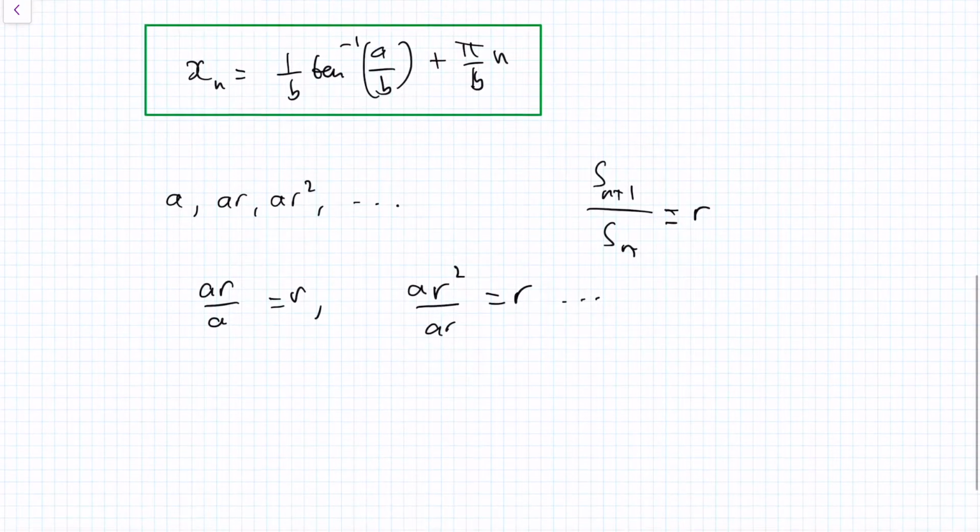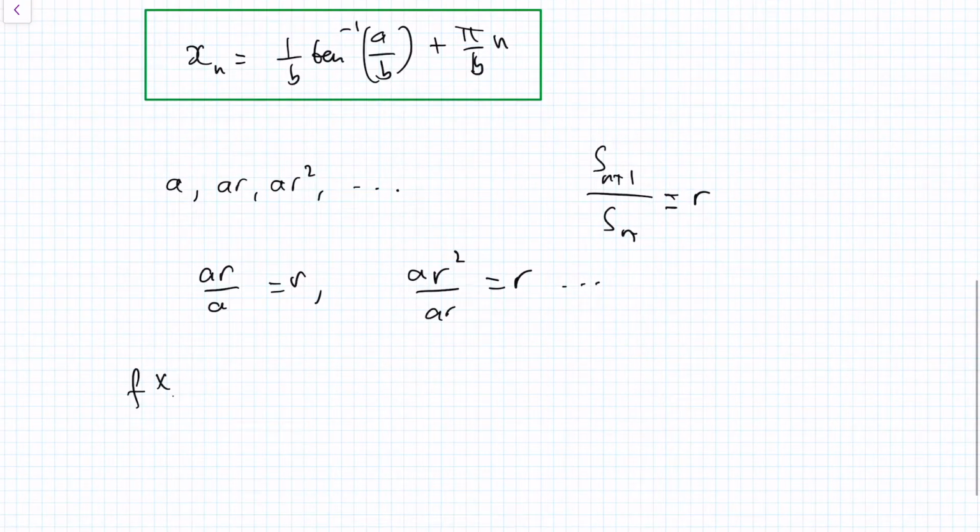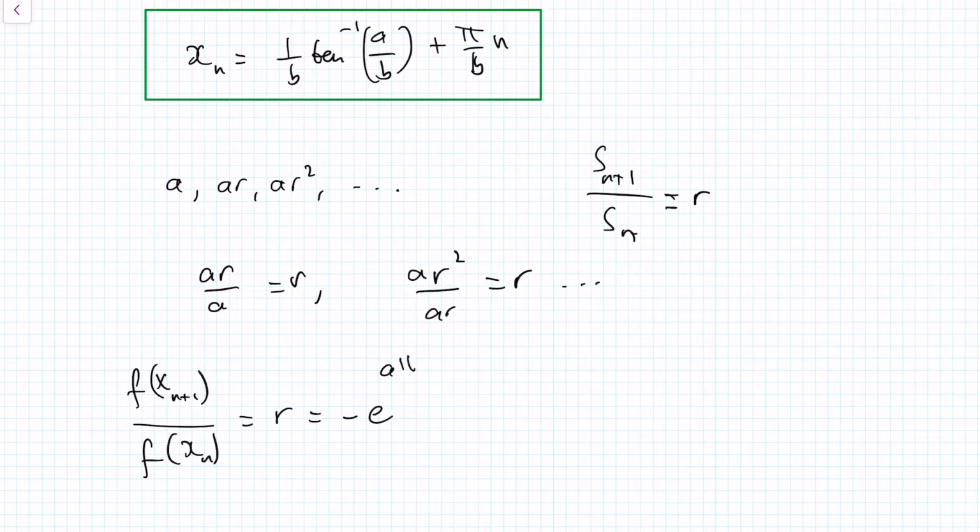In other words, we want f of x_(n+1) divided by f of x_n to equal the common ratio, which would turn out to be this, according to the question. So all we have to do is plug that in and then hopefully get the answer. So let's do that, shall we?